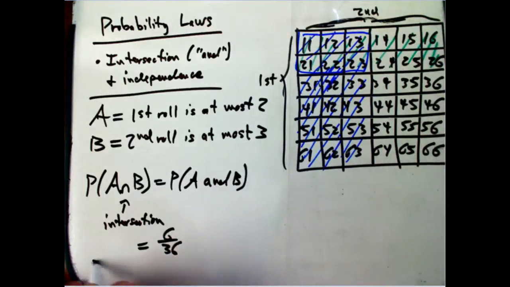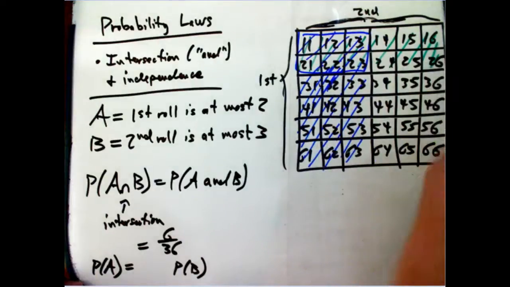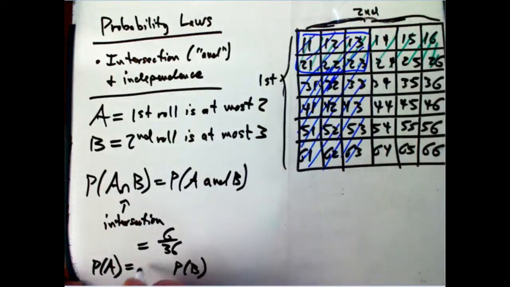Now, how does that relate to the probability of A itself and the probability of B itself? Well, the probability of A, we could write it out as 12 over 36, but in this case there's a nice way to reduce that. It's complete rows, 2 rows out of the 6 rows, so that's 2 out of 6.